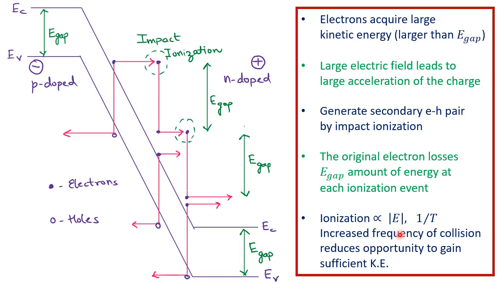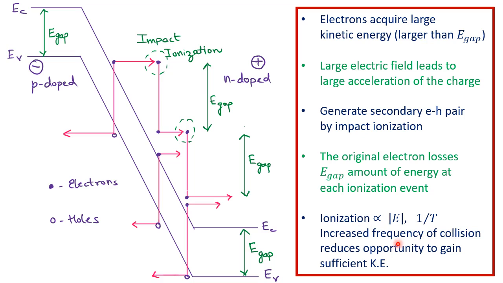So this collisional scattering increases with temperature, and these collisions draw out the kinetic energy that is required for ionization, because of the increased frequency of collision.